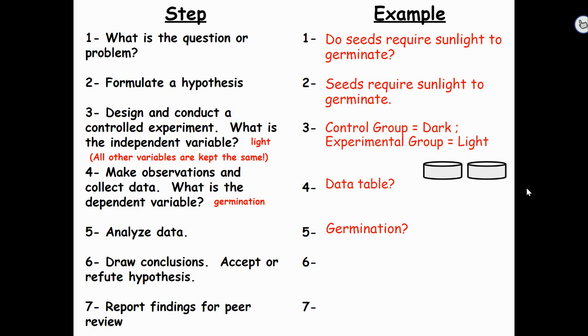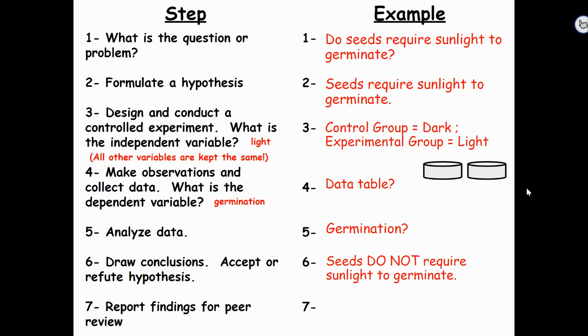We're going to draw a conclusion. And if you have ever done this, and you think about the fact that seeds are underground, you bury the seeds in the dirt. So realistically, neither seed is exposed to sunlight because it's underground initially.